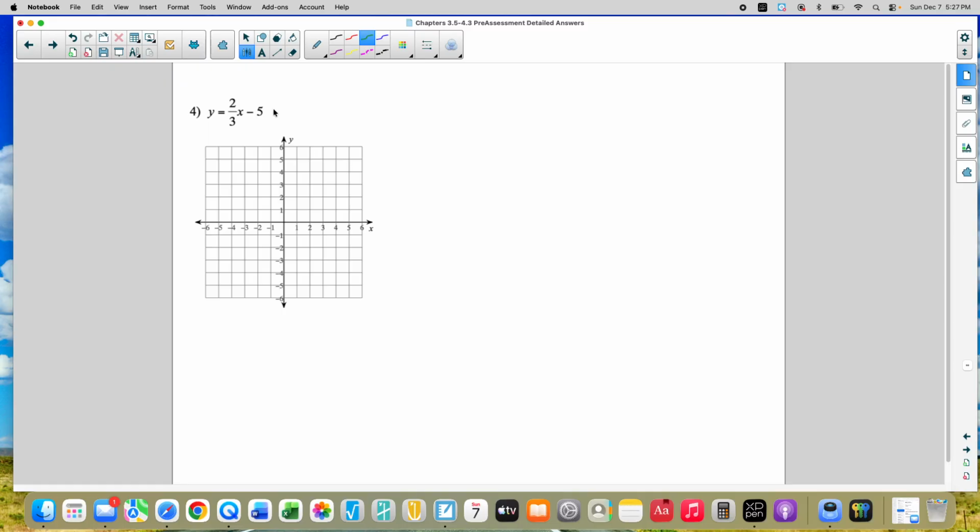All right, this is slope-intercept form. So the second linear equation form is slope-intercept form, and that form is y equals mx plus b. X and y are still coordinates. They're points on the line.